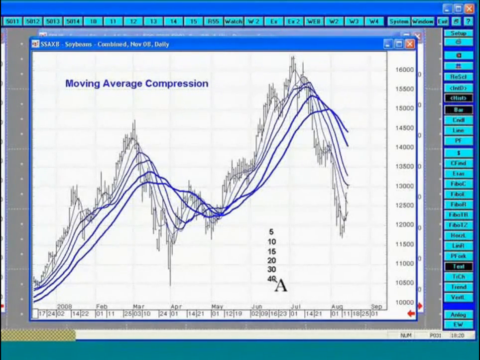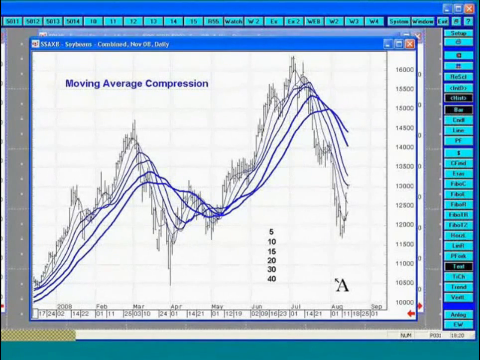I'm not getting fancy. And see, that's another thing about moving averages which is kind of fun. You don't have to get fancy with them. I mean, I could use exponential moving averages here. I could use weighted or smooth or centered or triangulated. You don't have to get real complex with these. Again, I find that the more complex you get with your market analysis, the more vulnerable you make your market analysis.